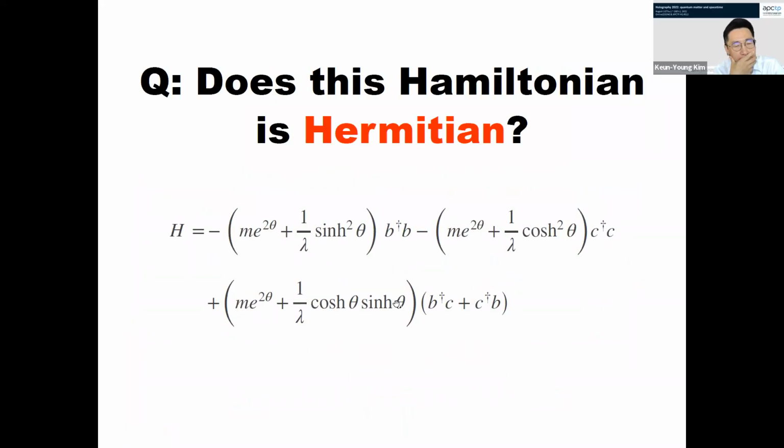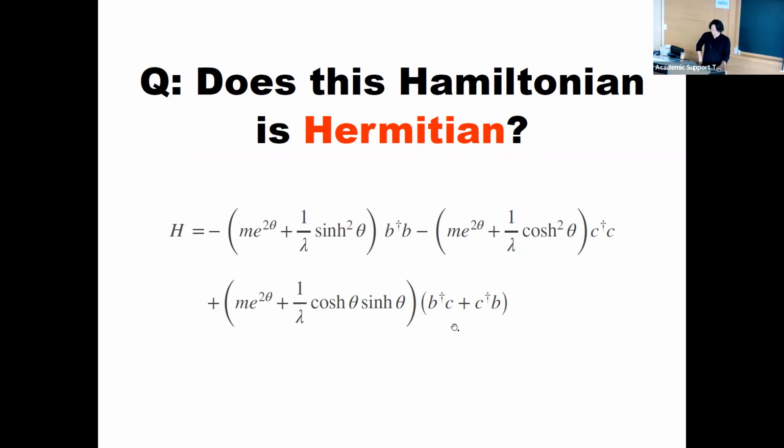Now, let me ask again, whether this Hamiltonian is J Hermitian or not. Yes, this term is still J Hermitian because it's quadratic in C, so it does not change sign.